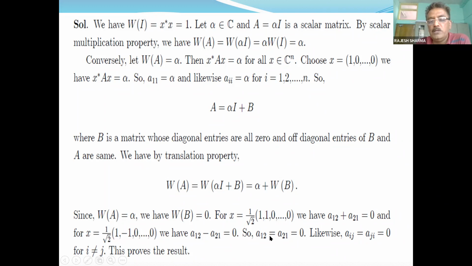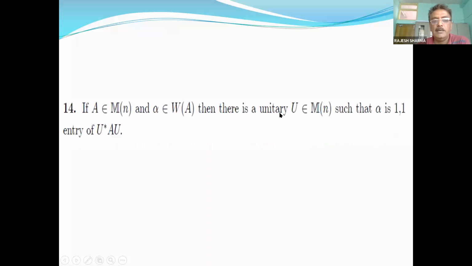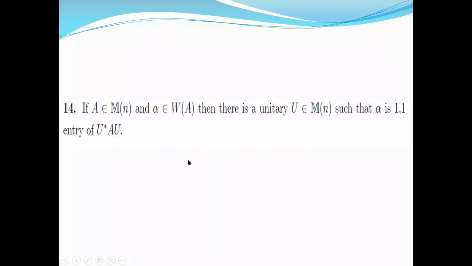So A12 is equal to A21 is equal to 0. Likewise, if we take this vector 1, 0, 1, and then the next vector 1, 0, 0, 1, etc., we find that all Aij and Aji are 0. So this proves the result that A is a scalar matrix.